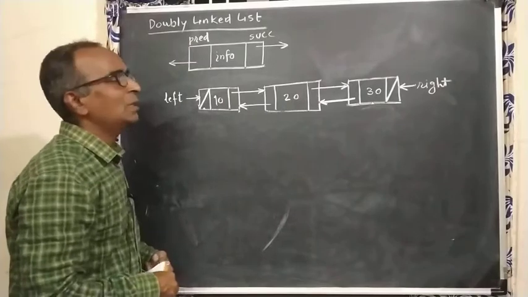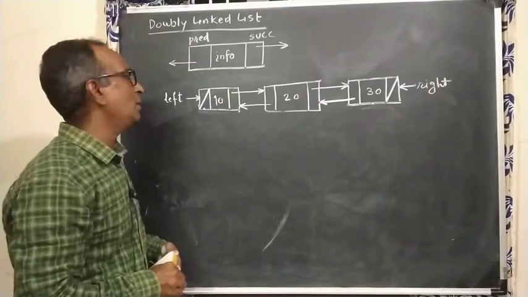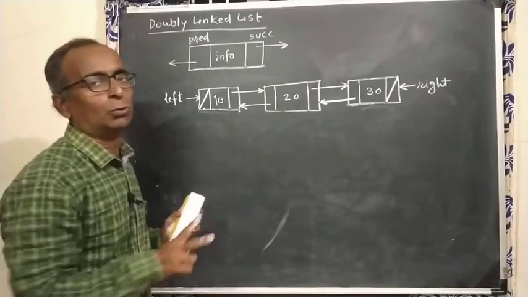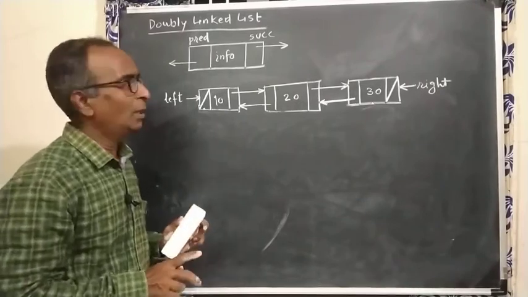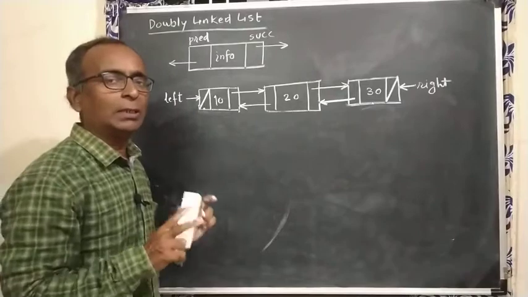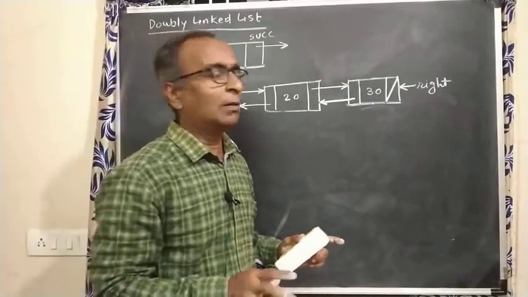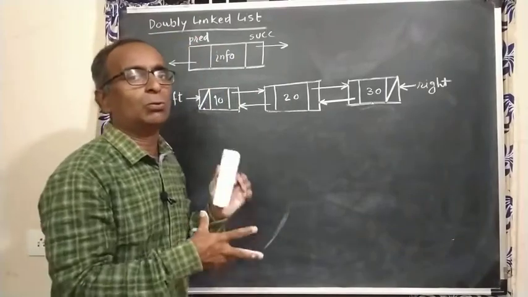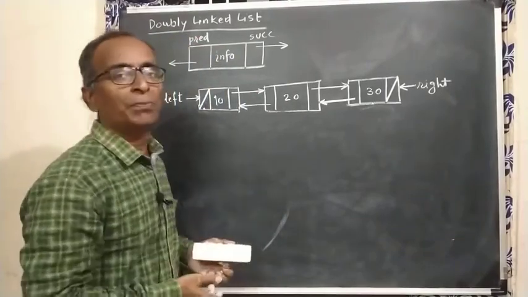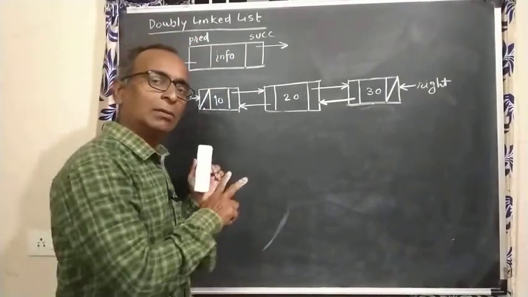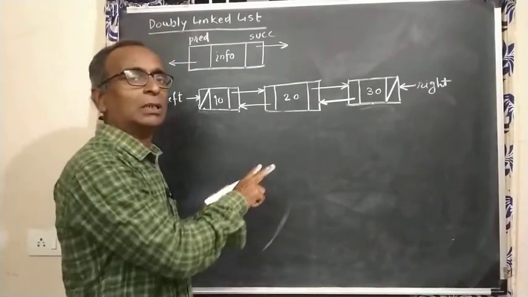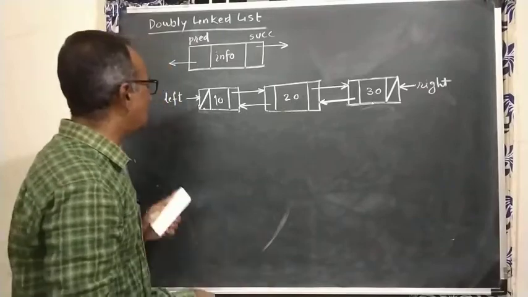Now suppose a doubly linked list is given and you want to insert as the leftmost node. Today I'll show you only pointer adjustments. In next videos I may give you the entire function, how to write functions to insert as leftmost, as rightmost, or after the given node, before the given node, and all cases.